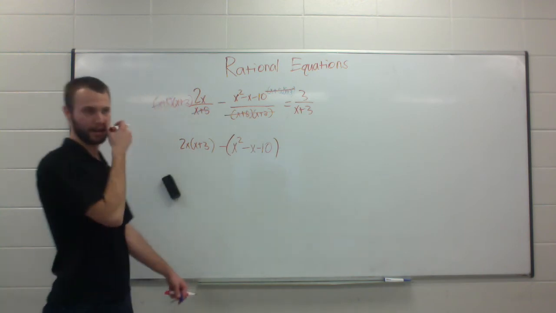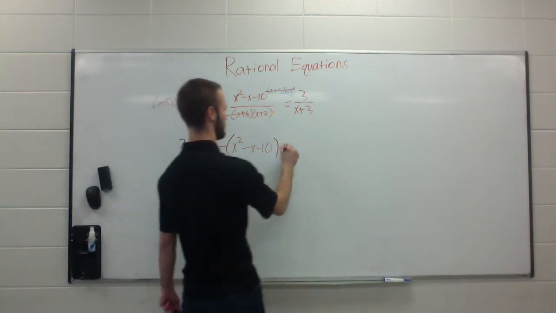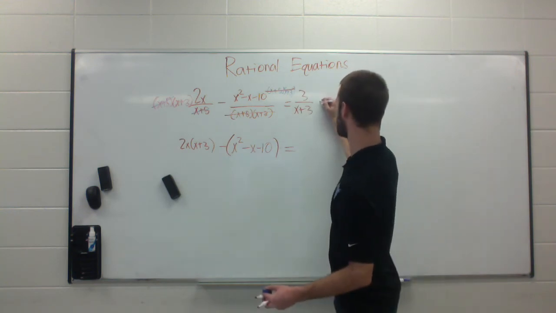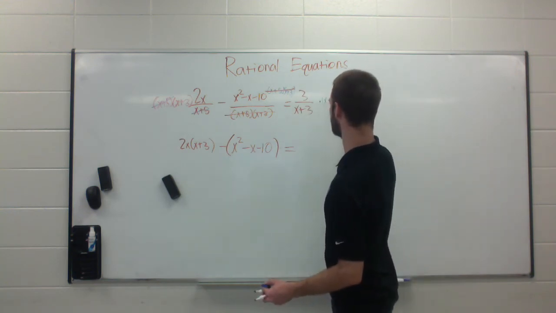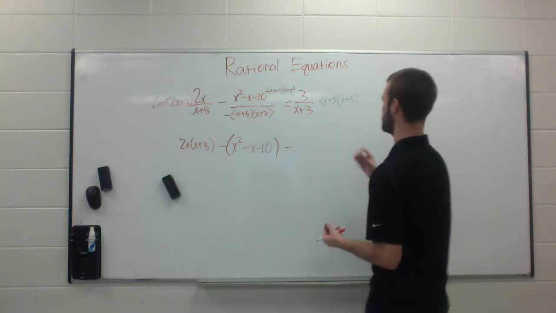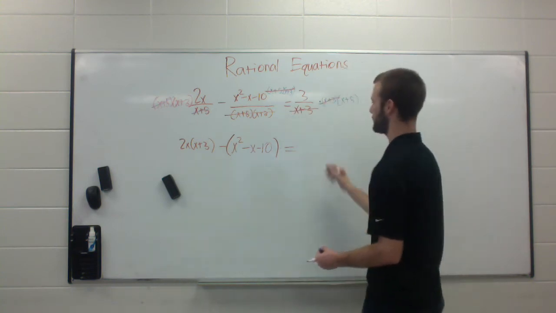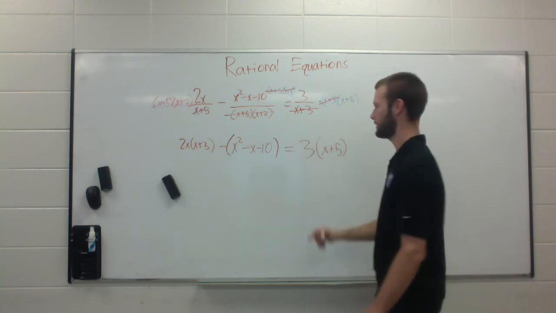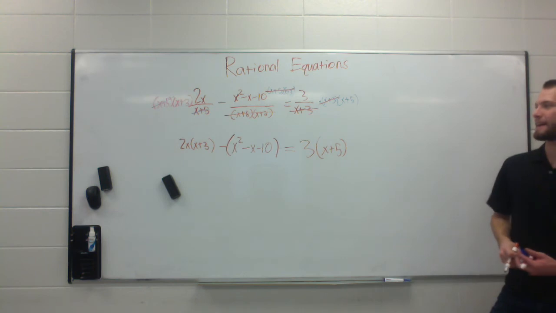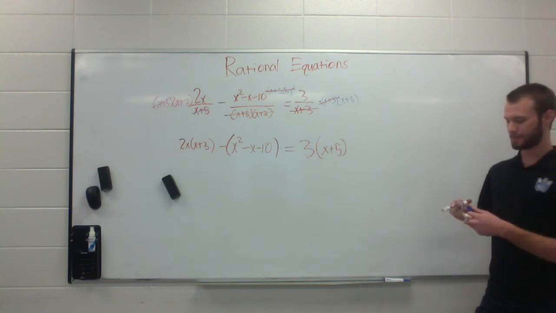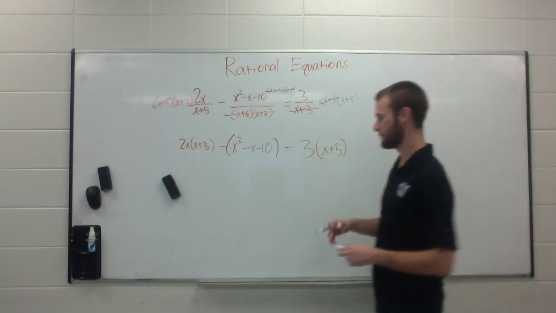Minus the whole thing, x squared minus x minus 10 equals, we multiply this one by x plus 3 and x plus 5. And a pair of x plus 3's divides to 1, and we get 3 times x plus 5. At this point, we have, in fact, reduced the equation to something we know how to solve already. It's just kind of messy looking.